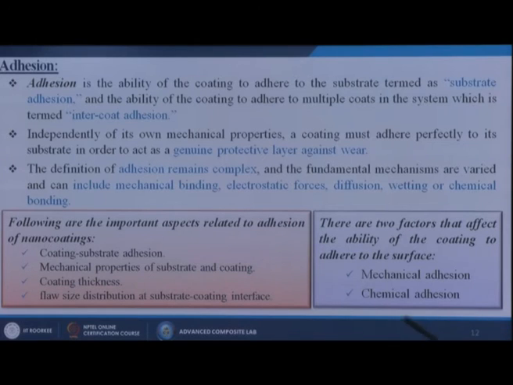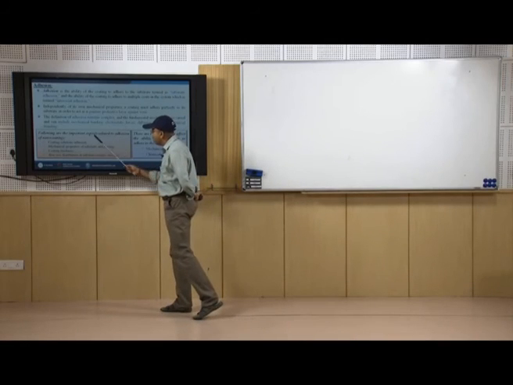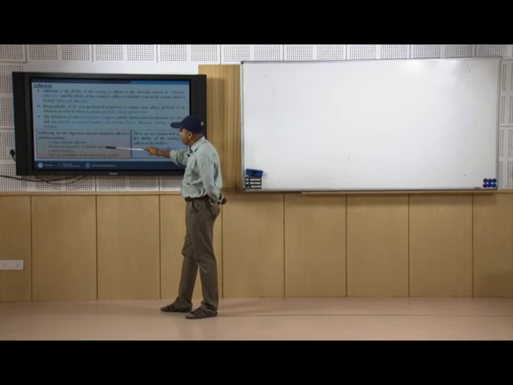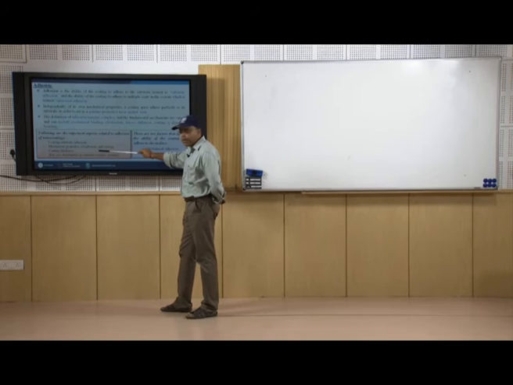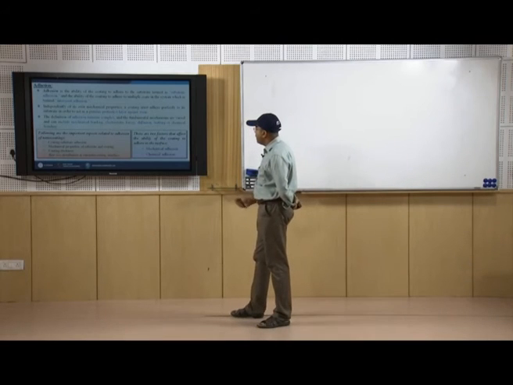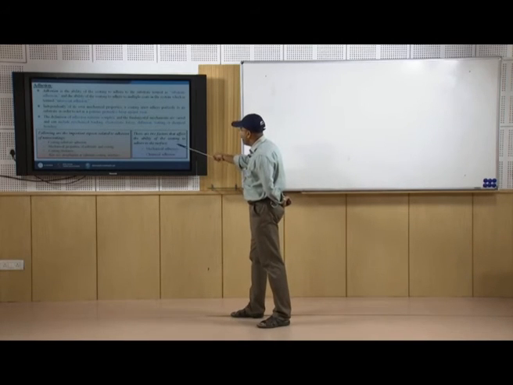So, following are the important aspects related to adhesion of nano coatings: coating substrate adhesions, mechanical properties of substrate and coating, coating thickness, and flaw size distribution at the substrate coating interface. Now, there are two factors that affect the ability of the coatings to adhere to the surface.